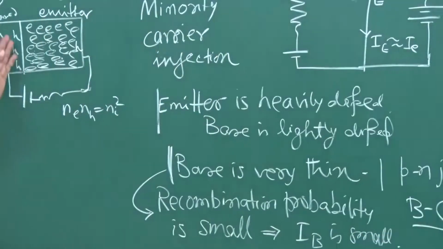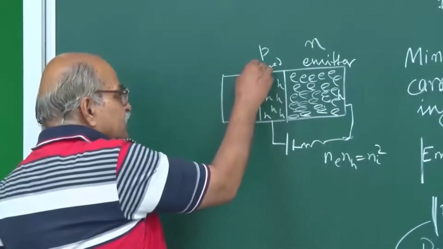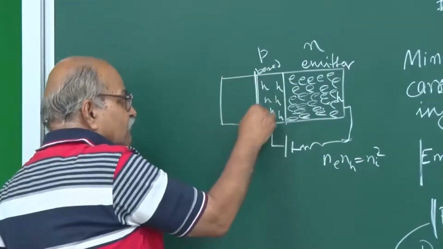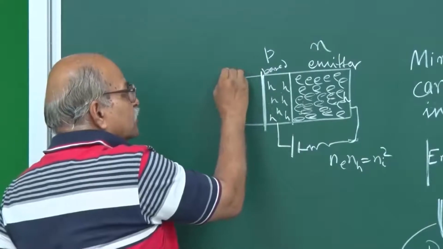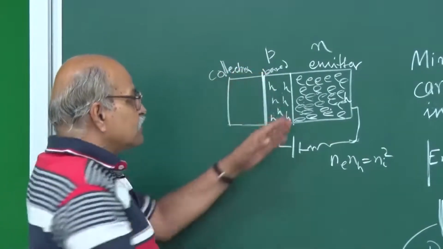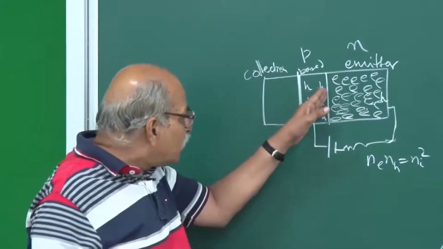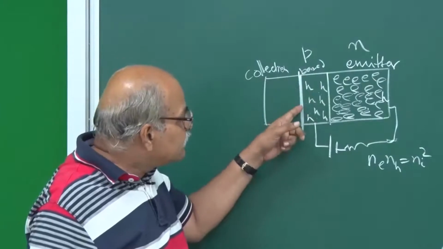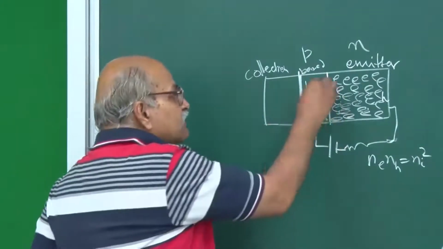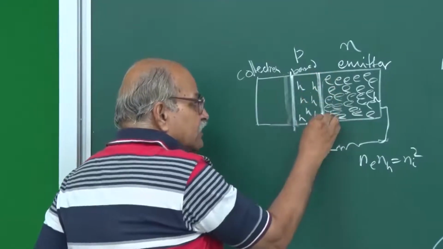Most of the electrons do not see what is here. They just reach this second junction. This is the second junction. This is your collector side. So most of the electrons which are injected from here cross this P region and reach this depletion region here. You have a depletion region at this junction, and you have a depletion region at that junction.